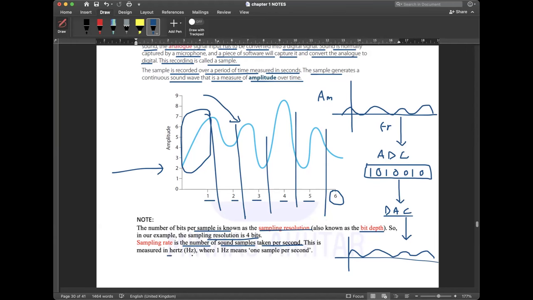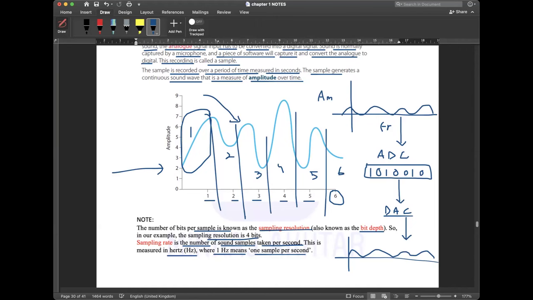This is measured in hertz, and 1 hertz means 1 sample per second. So this is sample number 1, number 2, number 3, 4, 5, and the last one is 6. This rate of conversion is called sampling rate.